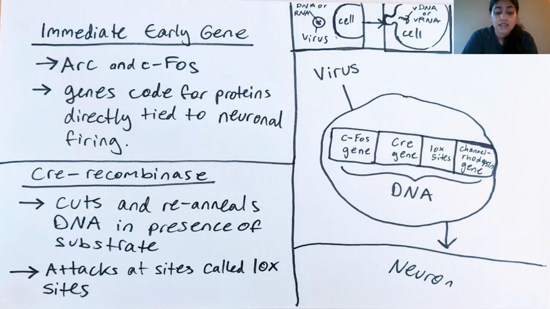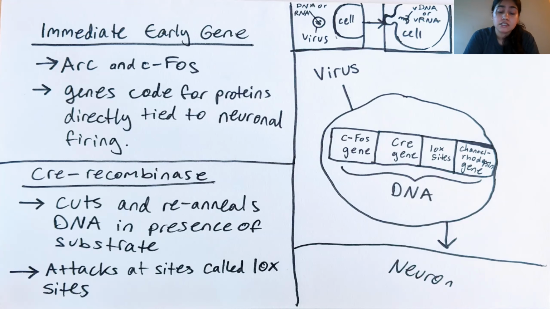So you can use it to actually get a specific gene to be expressed at a specific time by putting some junk sequence of DNA in the sequence that can only be cut out when Cre-recombinase is activated by its substrate. So, okay, put that CFOS, Cre, channel rhodopsin, green fluorescent protein gene sequence into a virus bubble, a viral vector, and then inject the virus into the hippocampus of a mouse.